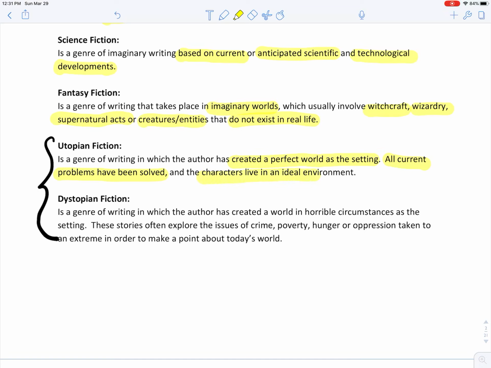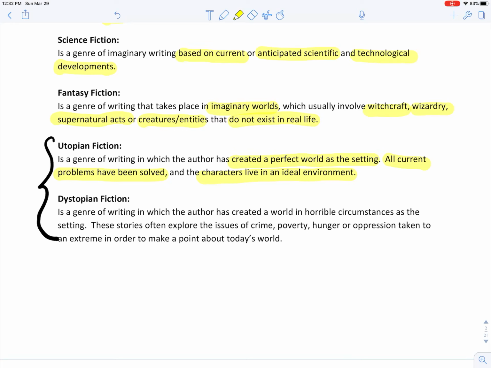The characters live in an ideal environment. Now, we've discussed the idea that every story needs a conflict or a problem. So very often, a story may start off utopian with the characters thinking their world is ideal and perfect in every way. Something like Lois Lowry's The Giver, where the characters think, yep, we live in a great society.